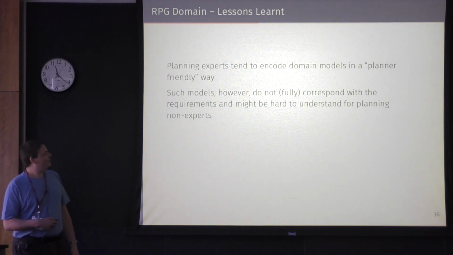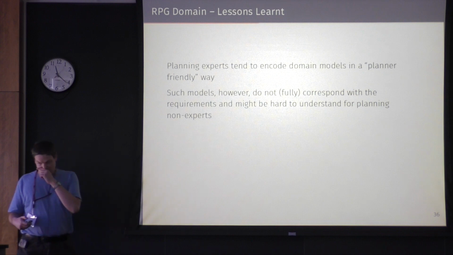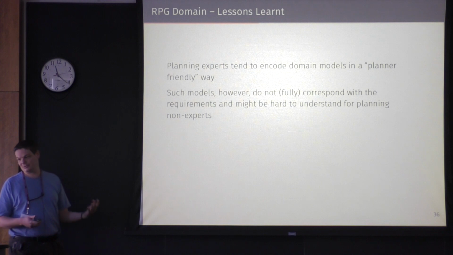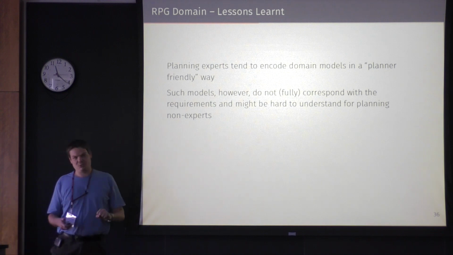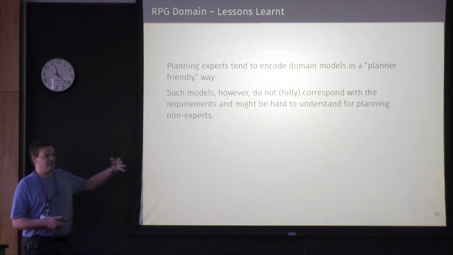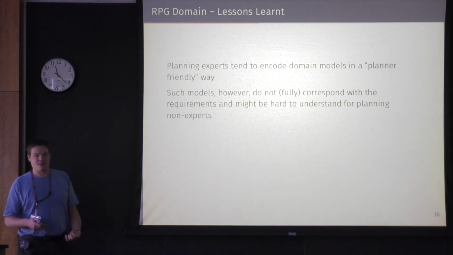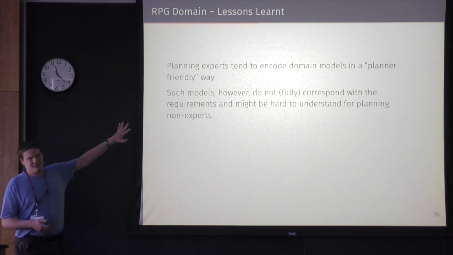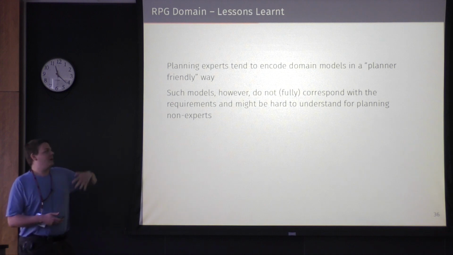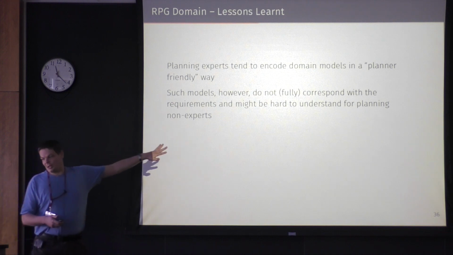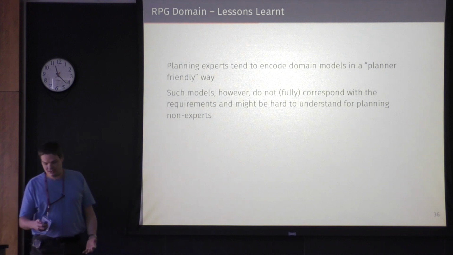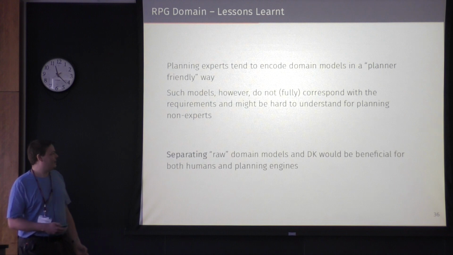On the other hand, the problem is that the models are not even accurate or complete according to the definition, because they don't really correspond with the requirements, since the actions are described in a different way. Also, this is a toy problem, but in more complicated cases, expert models might be difficult to understand by non-experts, because the actions are described in a different way than the requirements set, right?